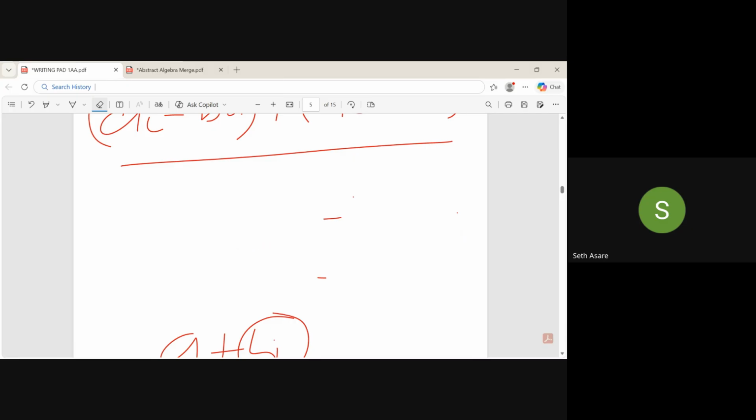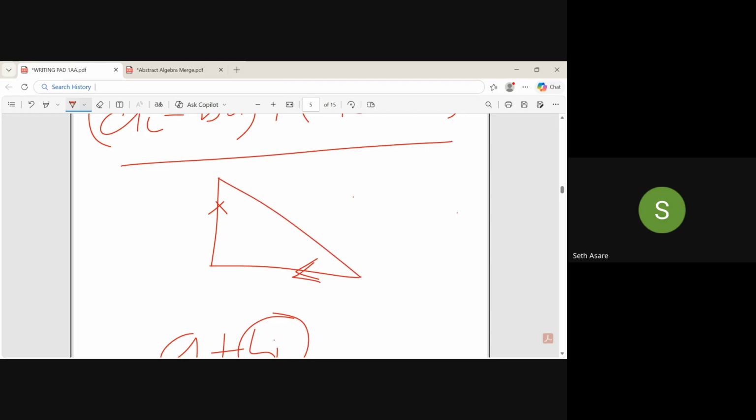If I have this and that, let's say that we are going this way. The vector is moving this way. Therefore, this one will be this way.